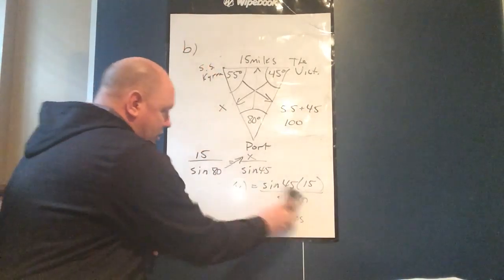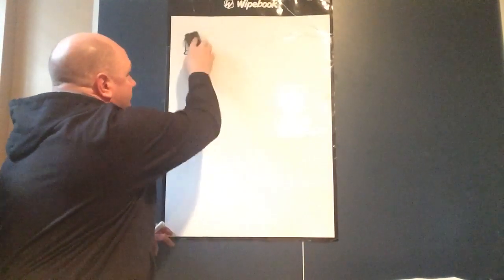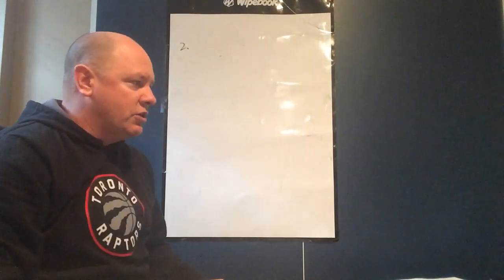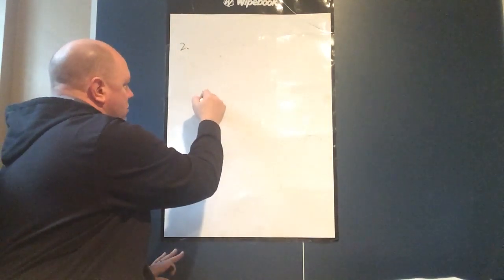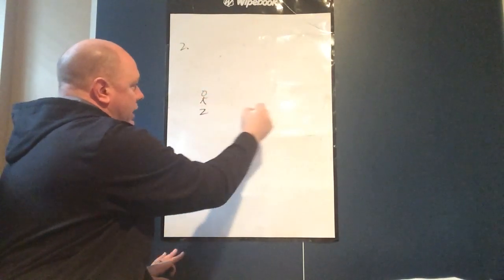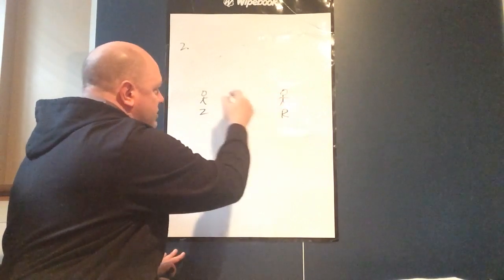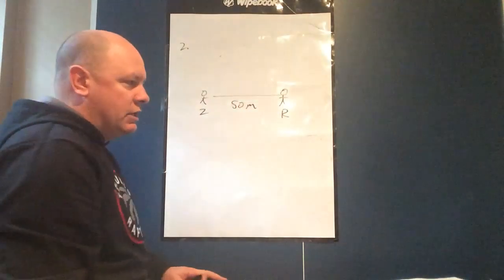Our last question we're going to look at here is number 2 in the application. It says Zara and Rachel are 50 meters apart when they see a drone. So here's Zara, and here's Rachel. Stick figures, I know. 50 meters apart.